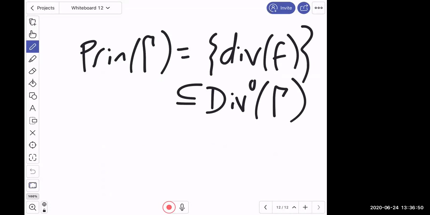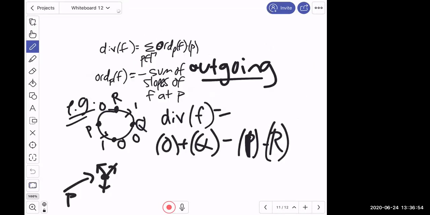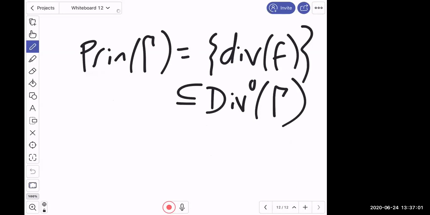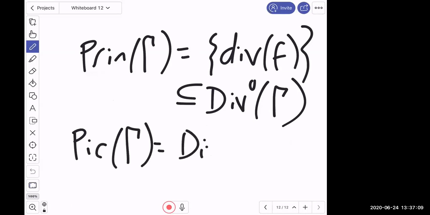The divisor of any function will have degree 0, just like in this example, where I had 2 zeros and 2 poles. That will always happen. And the Picard group of the graph is divisors on the graph modulo principal divisors.